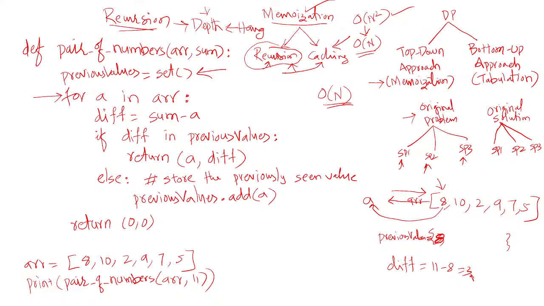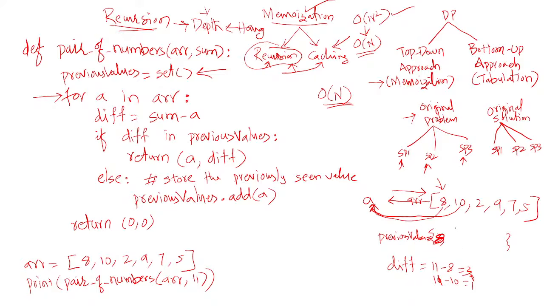So 8 will be stored, then a gets the next value, 10. Again it calculates the difference: 11 minus 10 means it is 1 here. Then it checks whether this 1 is available in the set.